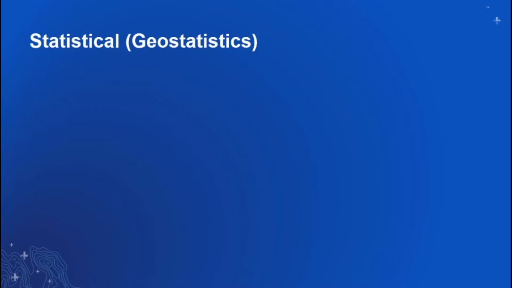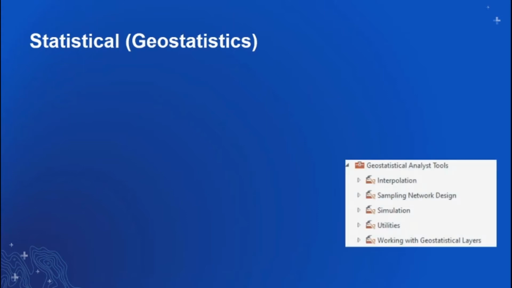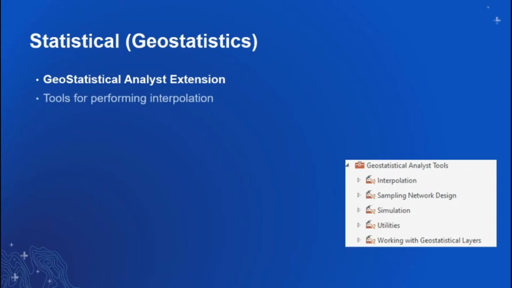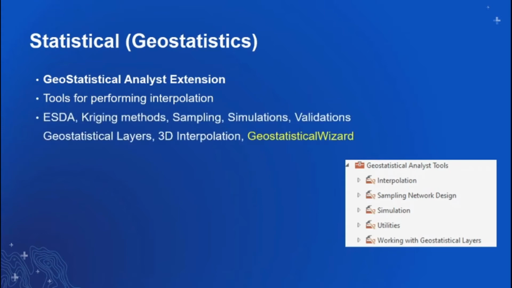Right, let's get into the statistical tools available in ArcGIS Pro, and we're going to kickstart this with the geostatistical analysis tools. And now these are tools that require you to have the geostatistical analyst extension, and these are basically tools for performing both deterministic and geostatistical interpolation. So what can these tools do?